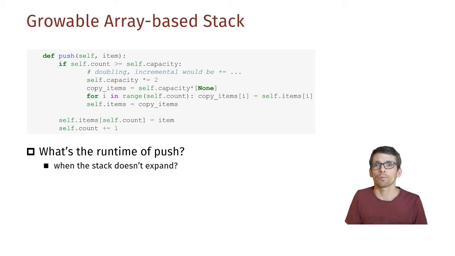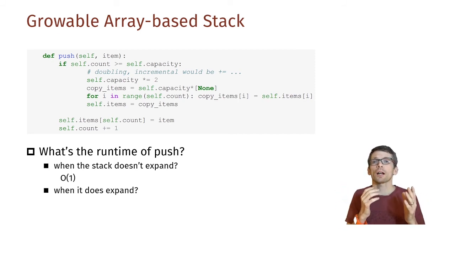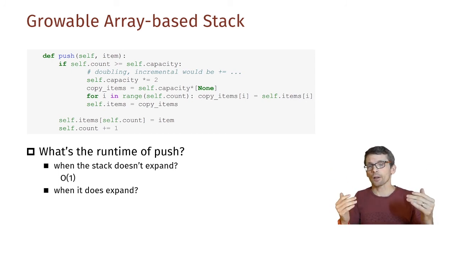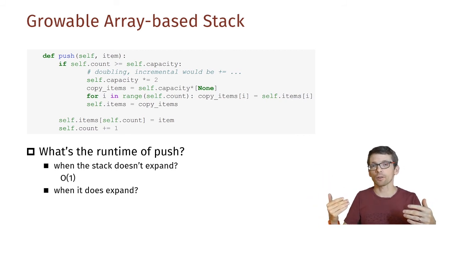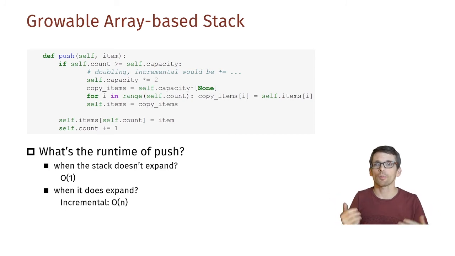But now, what's the running time of push? That depends on whether we need to construct a new array or not. If we're not running out of capacity, it's simply the old push routine. It takes constant time. But if we need to make a new array and copy all elements, copying one element takes constant time, but then copying all elements takes linear time in the number of elements.